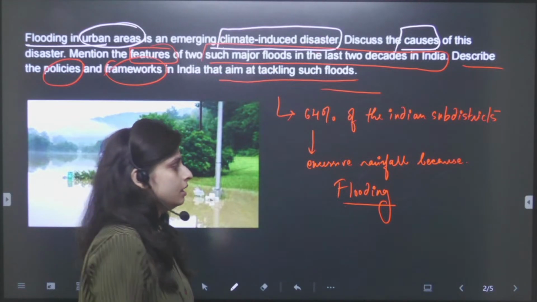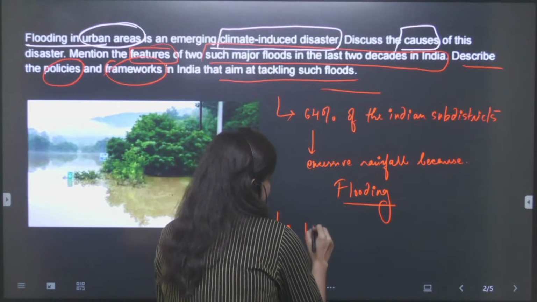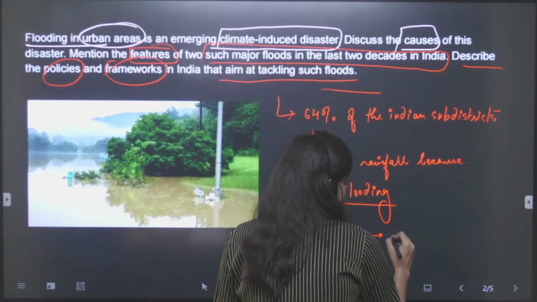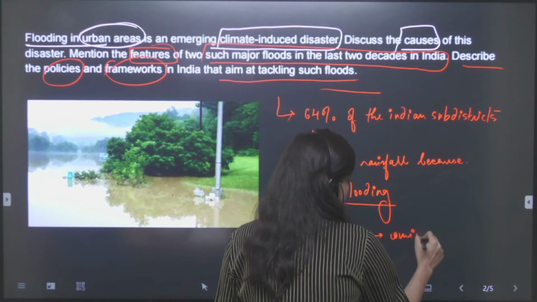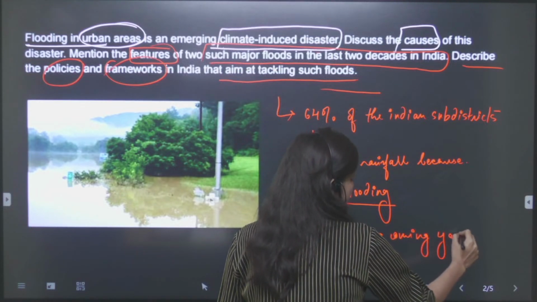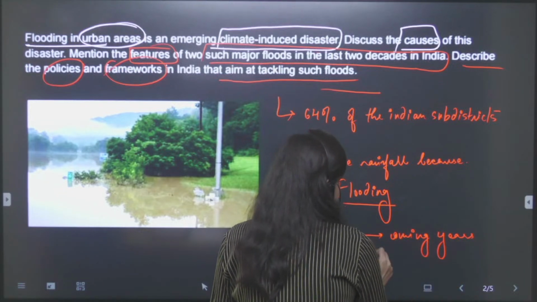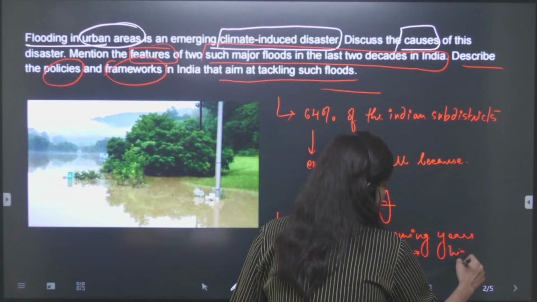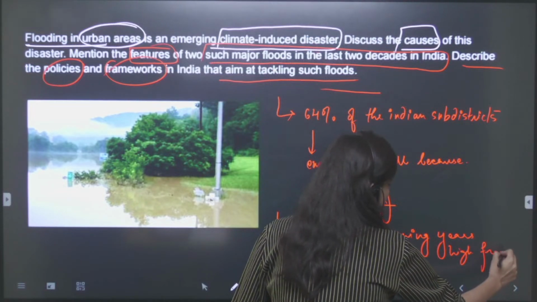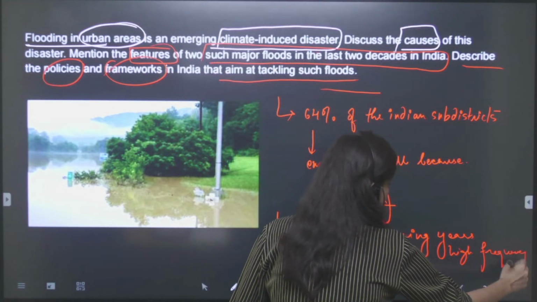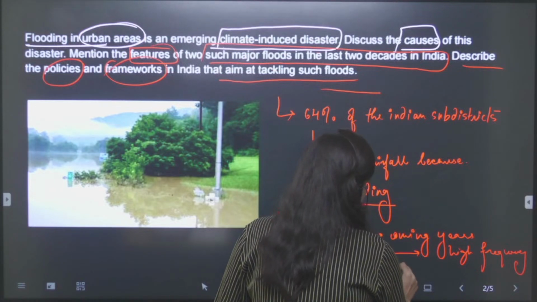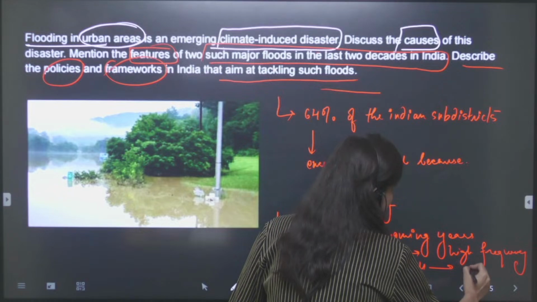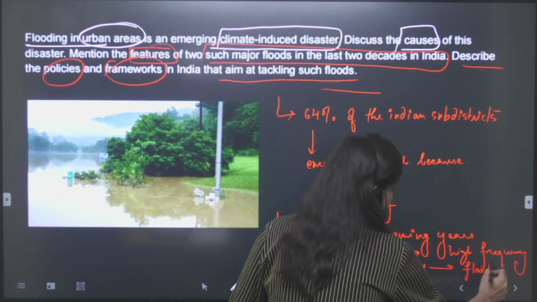Apart from this, IPCC has also said what? That in coming years, India would be experiencing a high frequency in rainfall, which will predominantly lead to flooding.